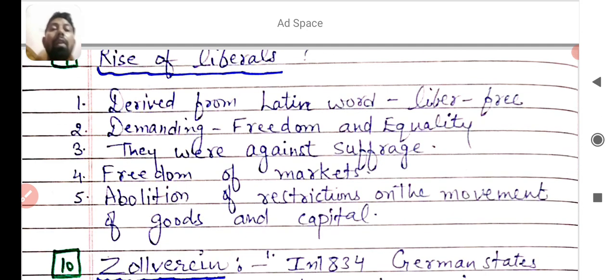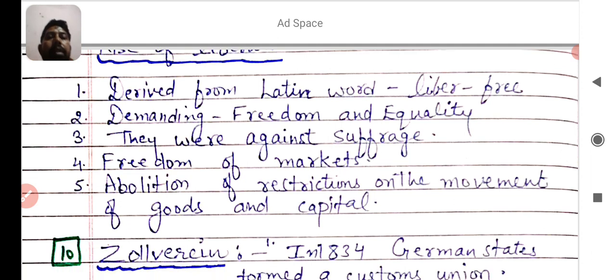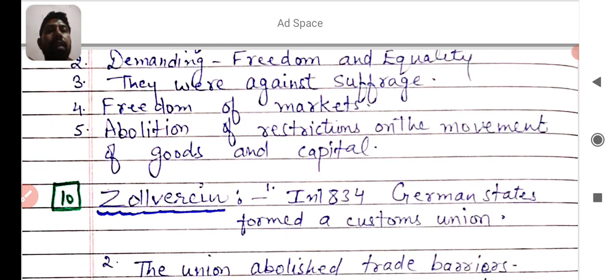And they were in favor of freedom of markets. They wanted to abolish the restrictions on the movement of goods and capital. You learned that there were different measurement systems in France and all over Europe. So they needed to make a uniform system of measures and weights in Europe.